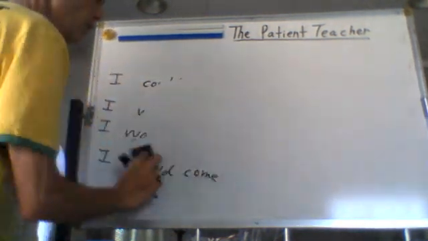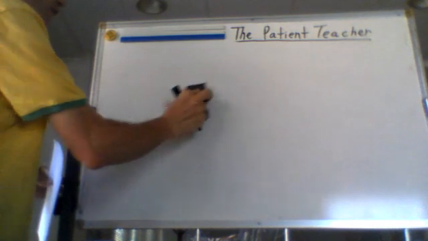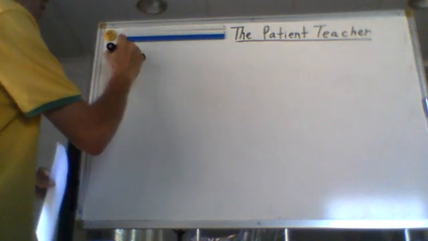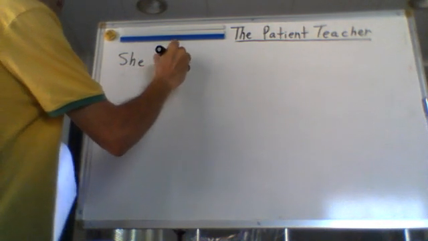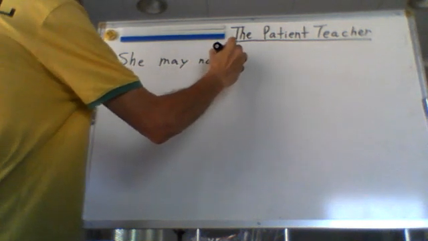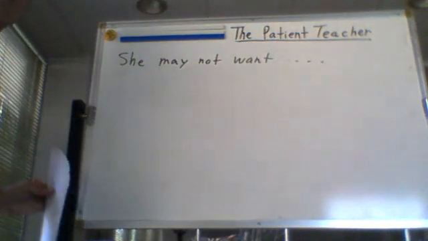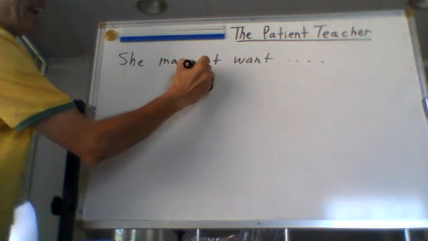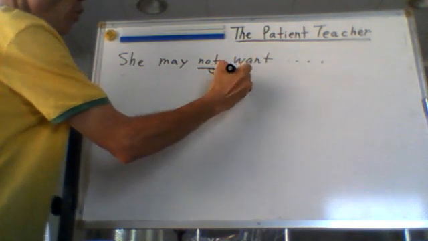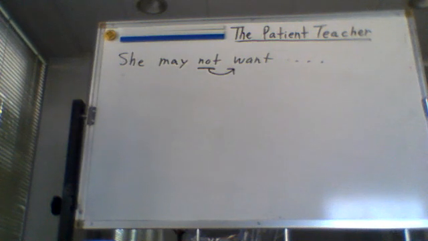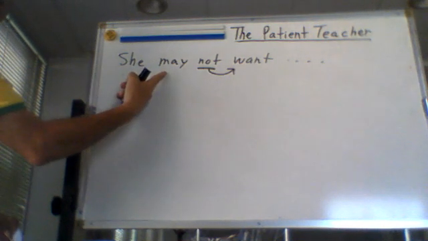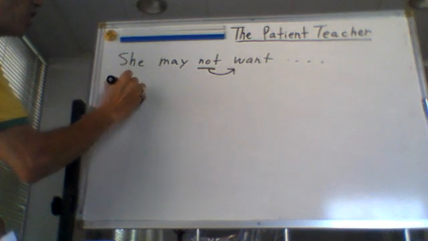May. She may not want you to come with her. Notice that the negative goes before the main verb, this again being the modal. So let me just put it here.